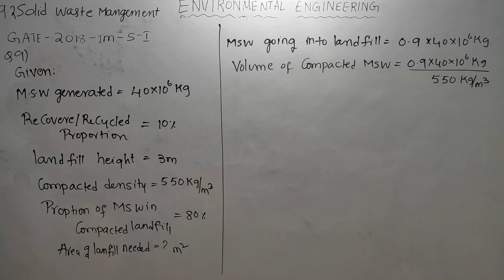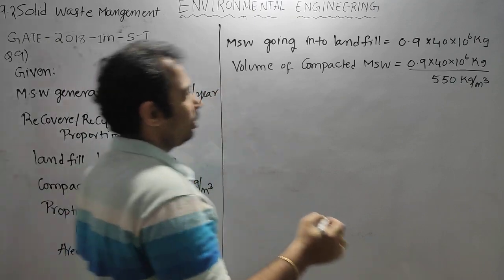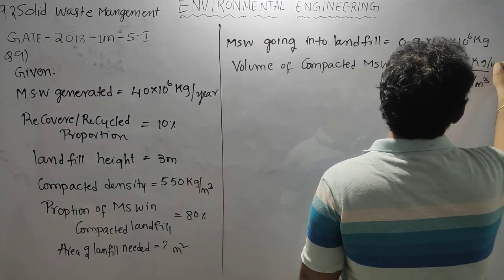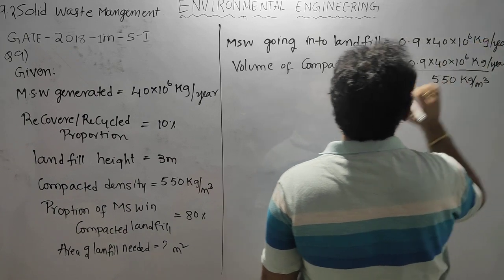But if you look at the total MSW, this is kg per year. City generates per year. This is also per year. Okay.